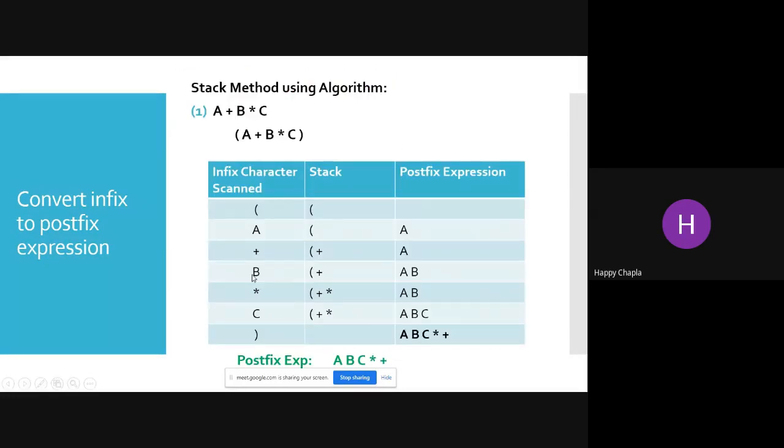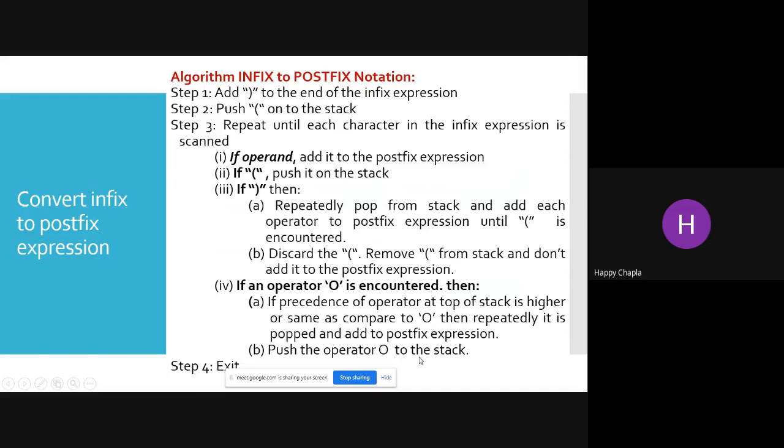Here the reverse case: I have star on the stack and I encounter plus. If the top of the stack operator's precedence is greater or equal to the incoming operator, I need to pop it. But in this case the precedence of plus is not greater than or equal to star, so we don't pop. Otherwise I need to pop it out, and then push the operator O to the stack.